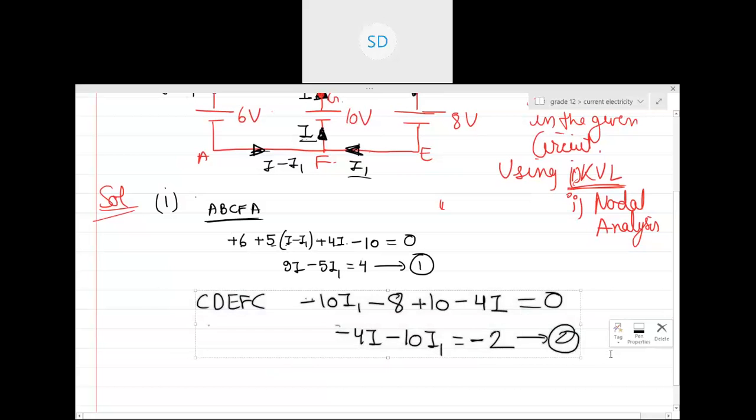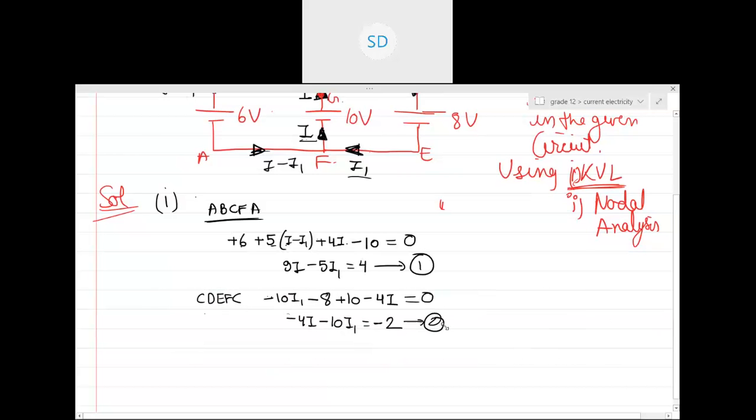And please don't solve. I have a scientific calculator with me, so I'll solve it for you. Don't worry. So on solving 1 and 2, tell me what are the equations? Unknowns are i and i1, two unknowns. Let me check now. 9, minus 5, 4.